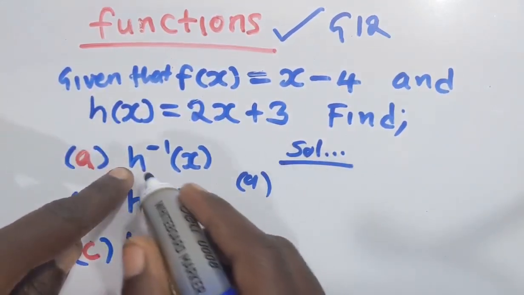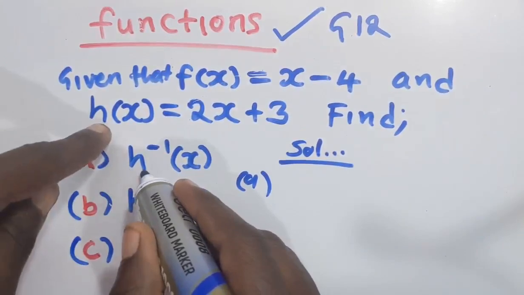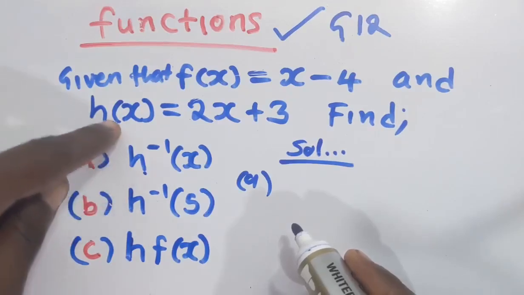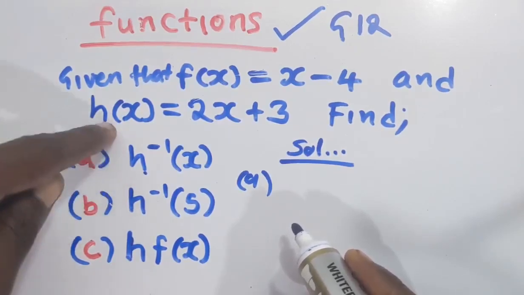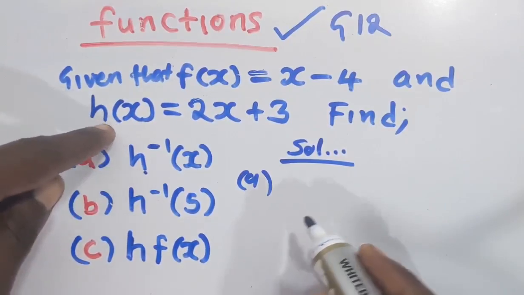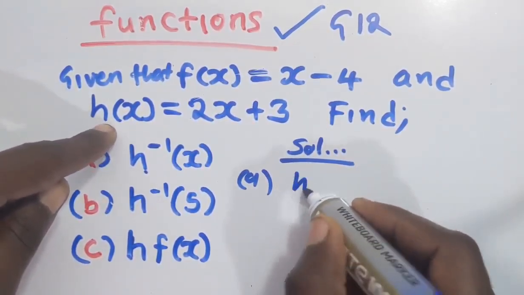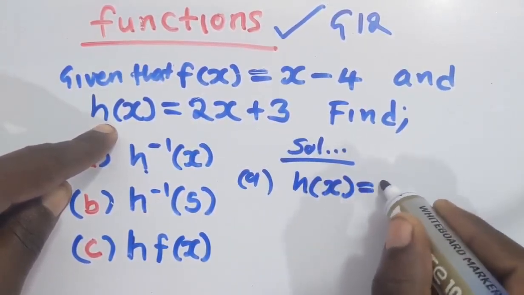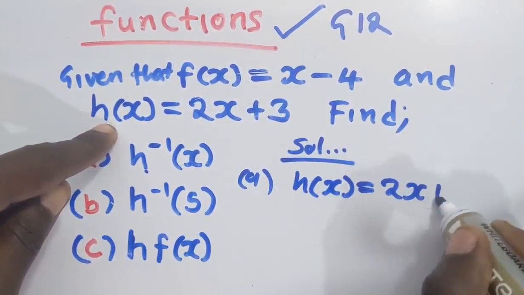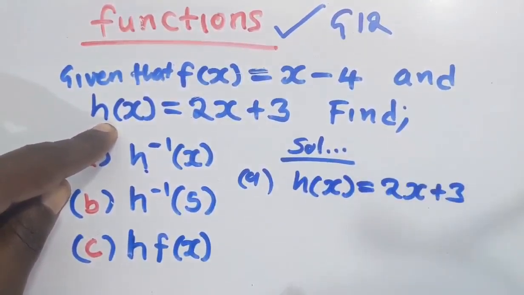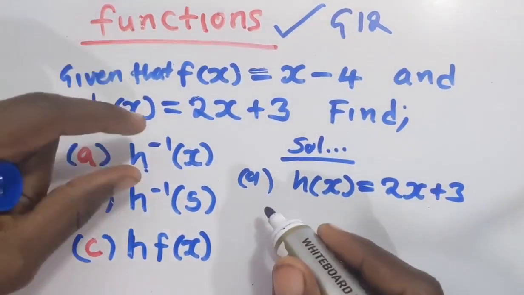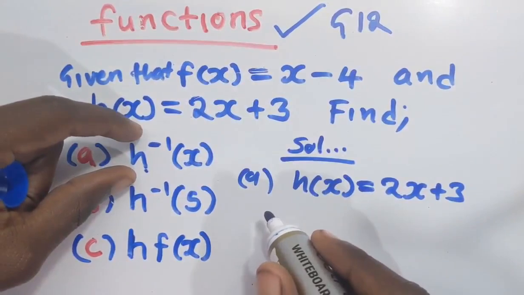Here there is h, so we are comparing this. That is the one that we are going to get: h of x is equal to 2x plus 3. That is the function that we are going to use.